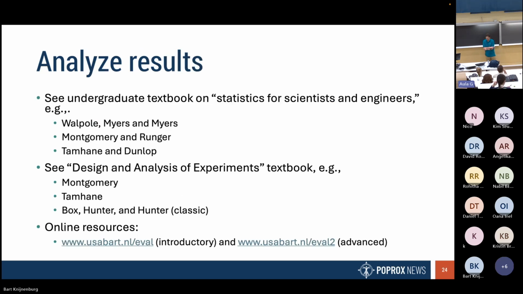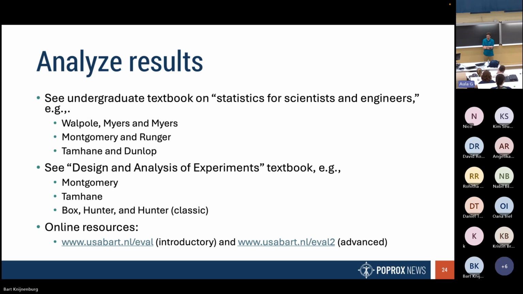I think we're coming up on analyzing results. This is what statistics professors love to teach: how to analyze things. All I'm going to mention on analyzing the results is go to a good undergraduate textbook. Walpole and Myers is one that I love. Montgomery and Runger is another classic. Tamhane and Dunlop is one of my favorites.